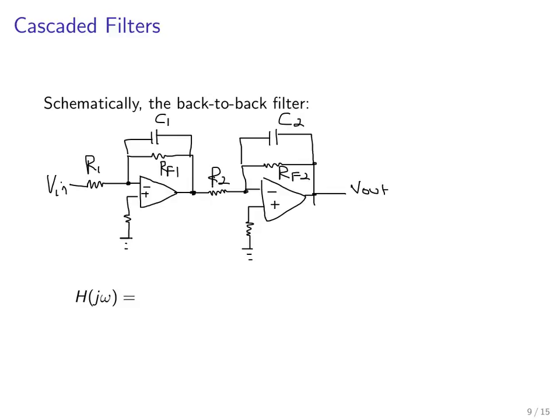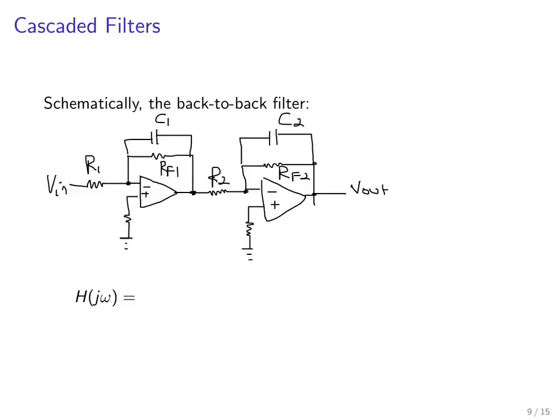Right? Okay, so what is the transfer function for this guy? Well, it's just the product of the two transfer functions for each one, right? Because the transfer function for the first relates the input signal to the voltage here, and the second transfer function relates the voltage here to the voltage here. So you take the expression for what you get here as a function of the input, then plug in the expression for this as a function of this, and you just multiply the two transfer functions together, right?